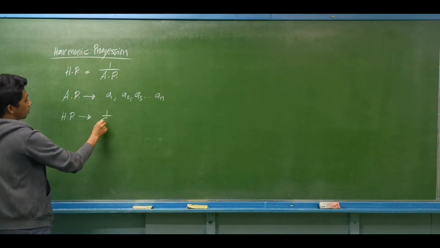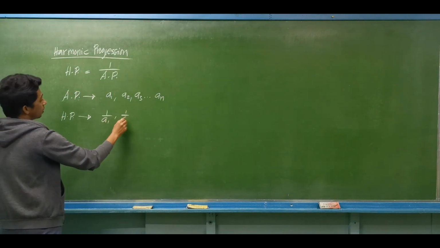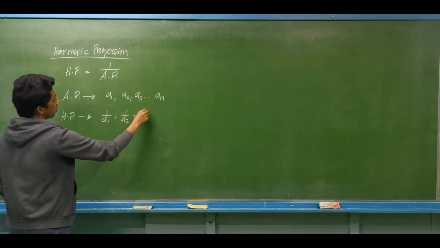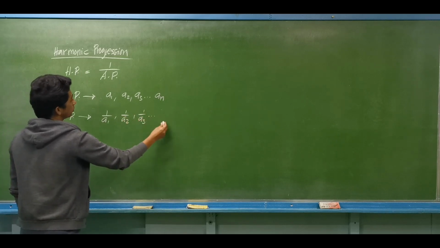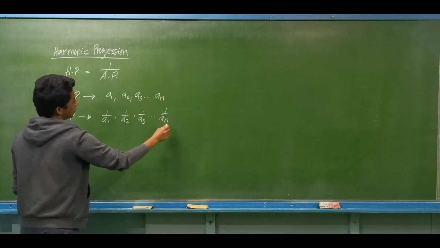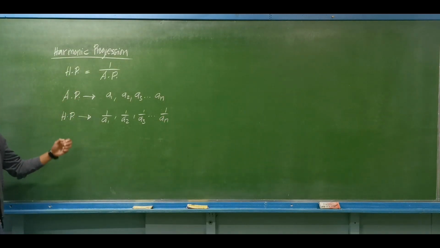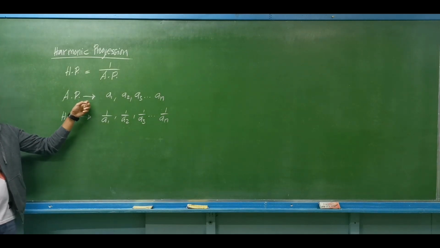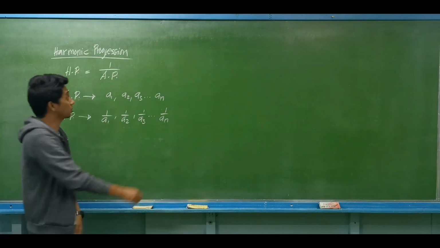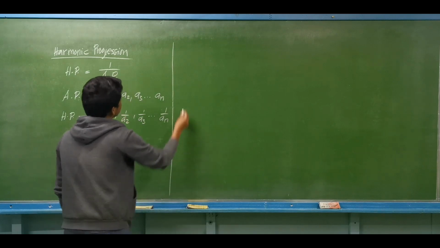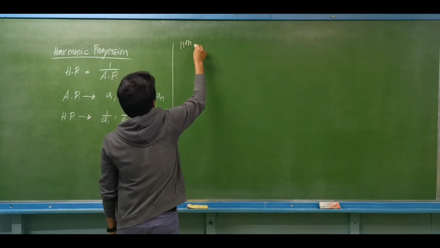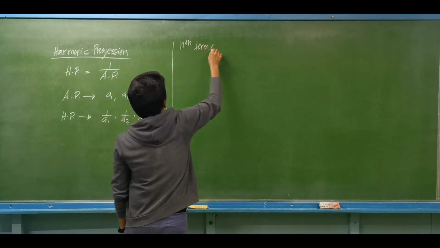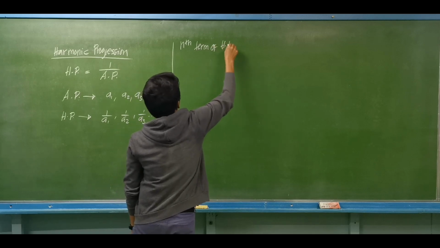So this is the same as 1 over a sub 1, 1 over a sub 2, 1 over a sub 3 up to 1 over the nth term, 1 over a sub n. If the terms of the harmonic progression are the reciprocals of the terms of the arithmetic progression, how do we compute for the nth term of a harmonic progression?